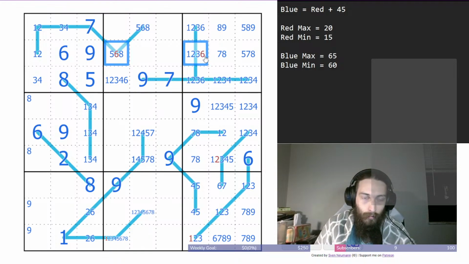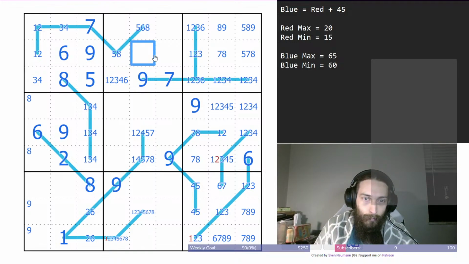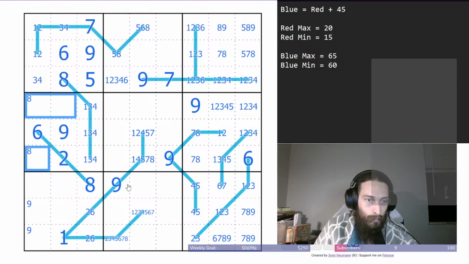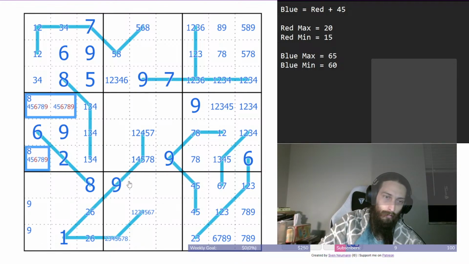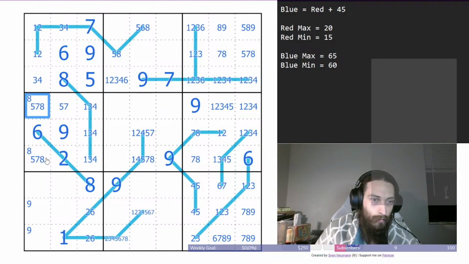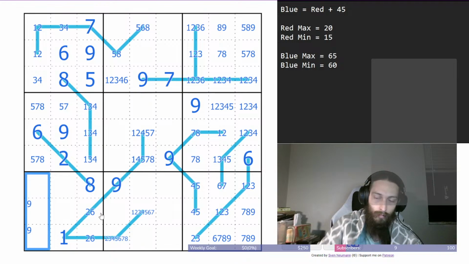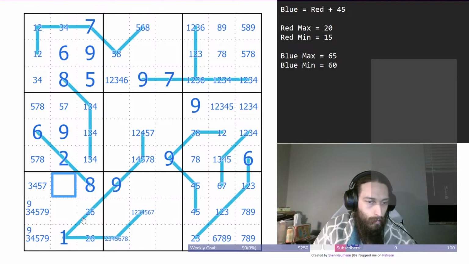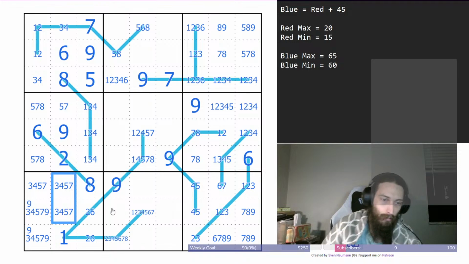That makes that a 6. 6s are out. 2, 1, 1, 8. 1, 3, 2, 3, 4, 6, 9. 2, 8, 6. 3, 4, 5, 7.